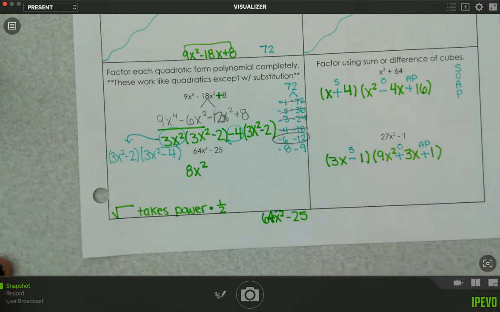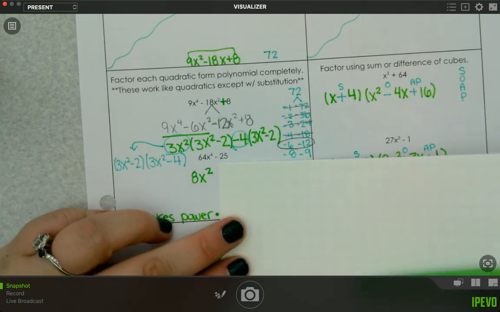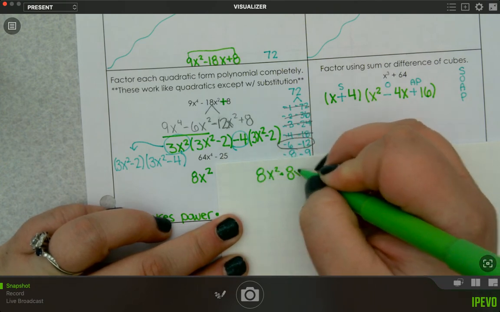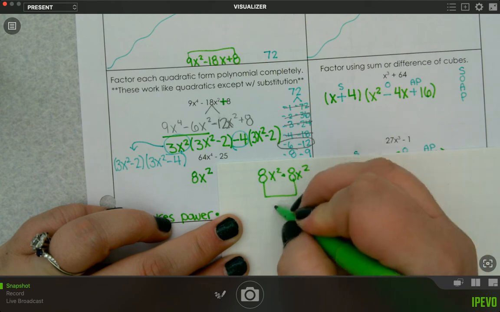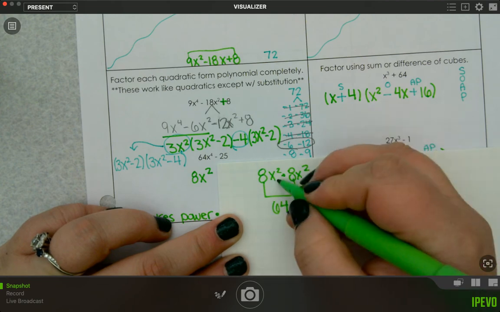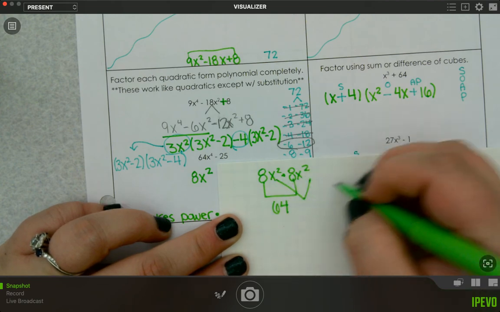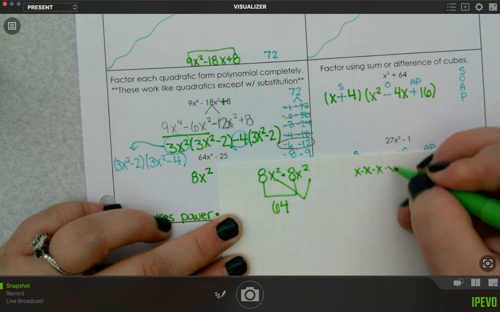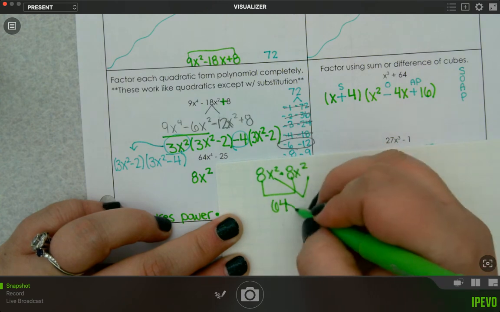Another way of thinking about this is if I were to take 8x squared times 8x squared, you would get the 64 and then x squared times x squared. That's x squared. Add another one. Now it's x to the fourth.